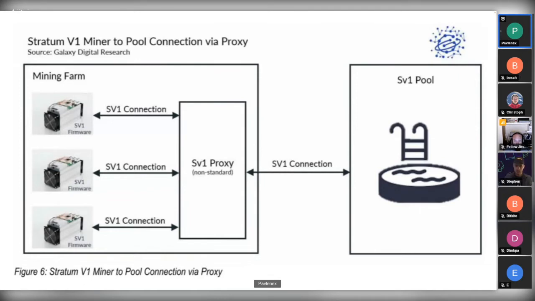So miners use a proxy server as well, but the point is that for Stratum version 1, the proxy server is not in the protocol itself. It's not standardized, which means that we have multiple iterations, multiple projects and multiple proxies, and they all do different things. They're all made by different people, patching in their own things that they want to do.